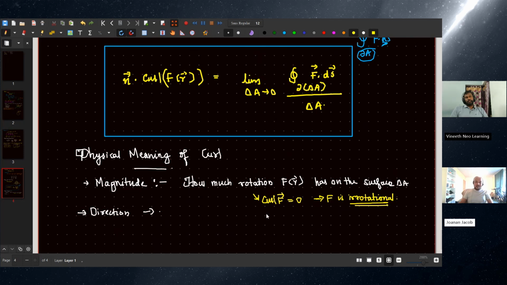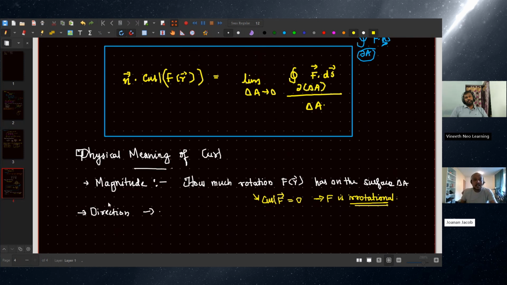Yes. Similarly, only when the vector field F has a rotating effect can we have the curl. It tells about the rotating strength of a vector at a particular surface. Okay, the magnitude of the curl, and direction.